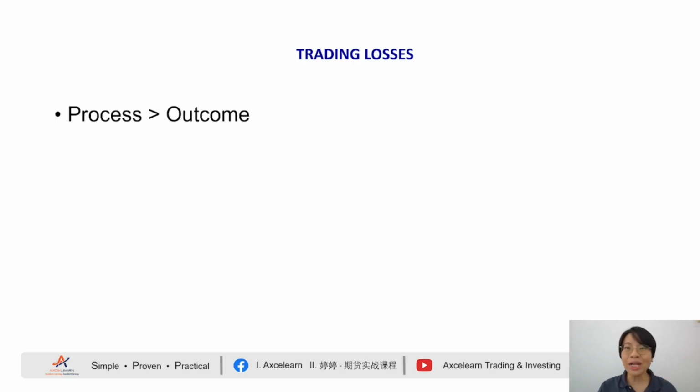Now, when it comes to trading, very important, many of us focus a lot on the outcome. Outcome meaning the result, the performance, whether I'm making money or losing money, very direct. That's why when you're losing money, you feel it is failure. But please remember one thing, outcome is not something that we can control, because that's the performance of the market itself.